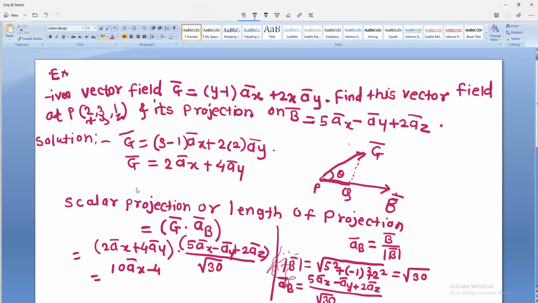Sorry, it is a scalar product, so there is no unit vector.